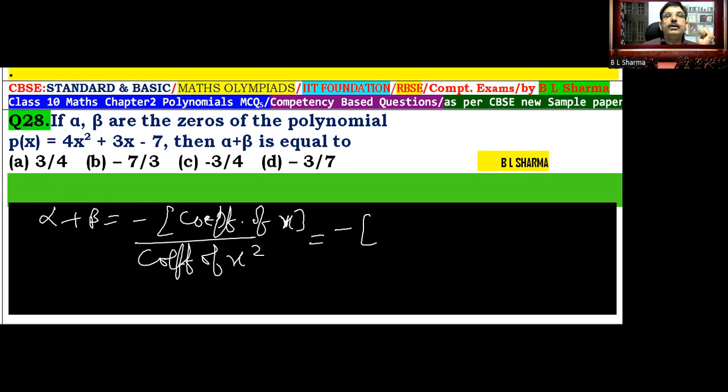The coefficient of x is here +3, so we write +3 divided by the coefficient of x square, which is 4. So the answer is -3/4. So that is why C is the correct option.